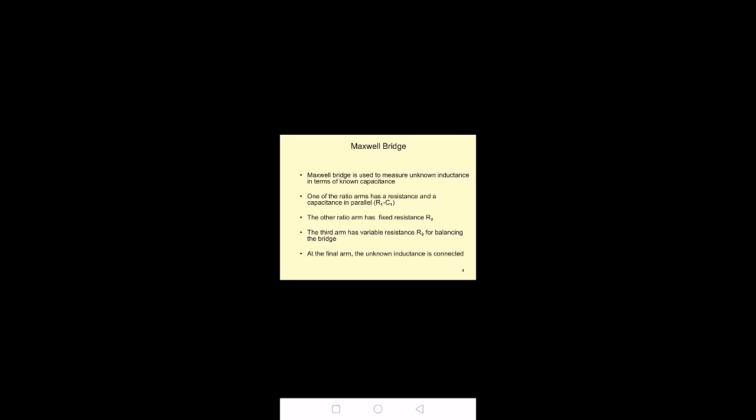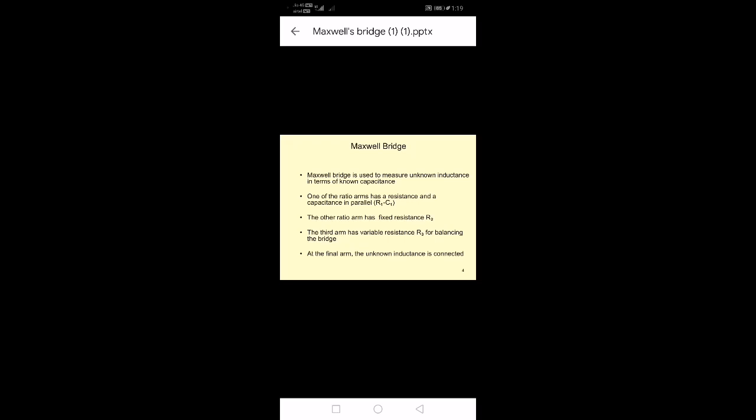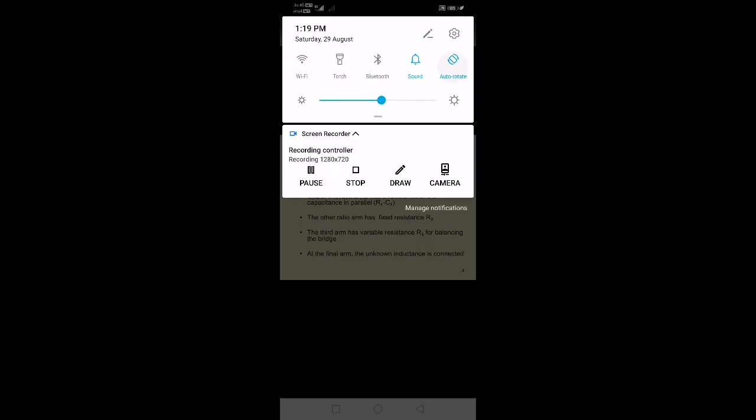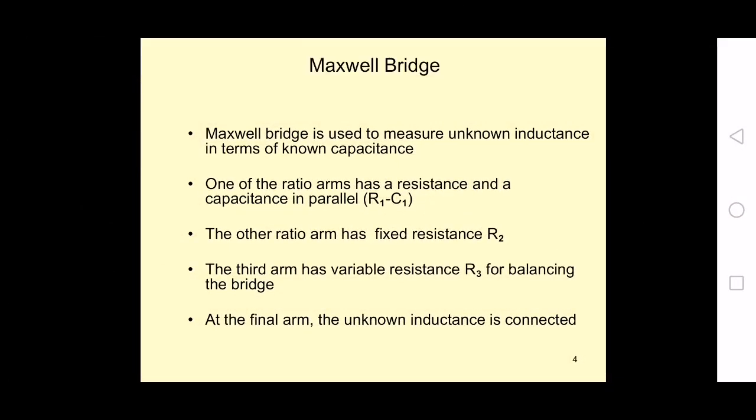Maxwell bridge is an AC bridge. So we are calling the arms impedances.